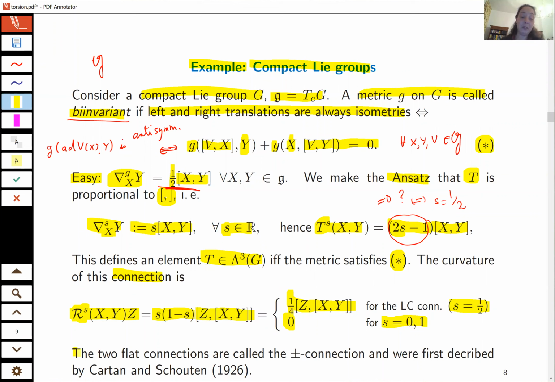So these two flat connections were already identified by Cartan and Schouten, 1926, and they call them the plus-minus connection. Plus-minus because if you write it down you see it's plus or minus the commutator, and it becomes more symmetric. So the parameter is just chosen in a symmetric way. Okay.